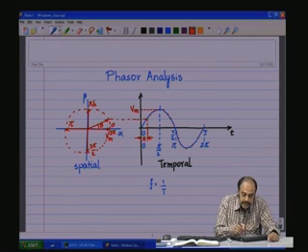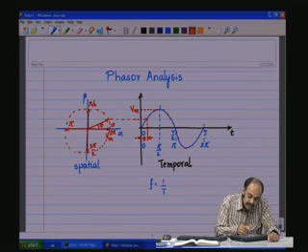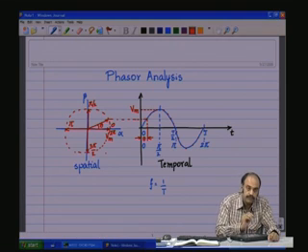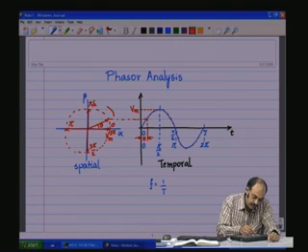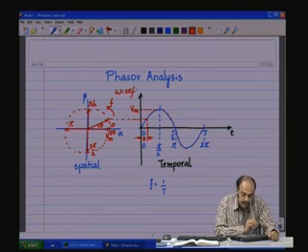So, you will see a sine wave evolving. Which means this sine wave is equivalent to this vector of this amplitude rotating at a frequency of f, or 2 pi f, or omega, which is equal to 2 pi f, the radian frequency of omega.